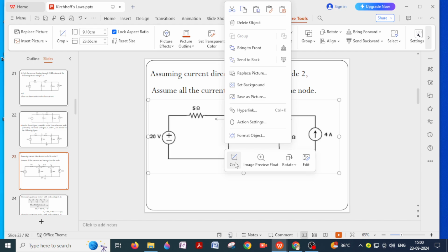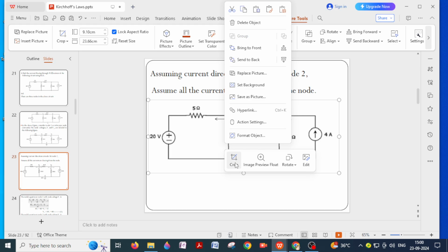Now let us apply Kirchhoff's current law at node 1. Here current is leaving node 1 and flowing towards the source voltage of 20 volts. Current always flows from higher potential to lower potential.